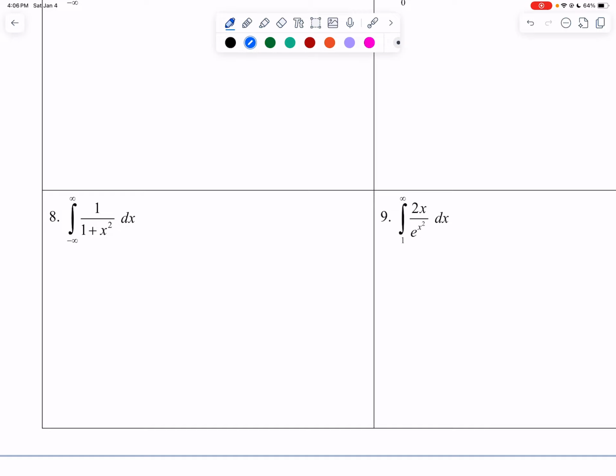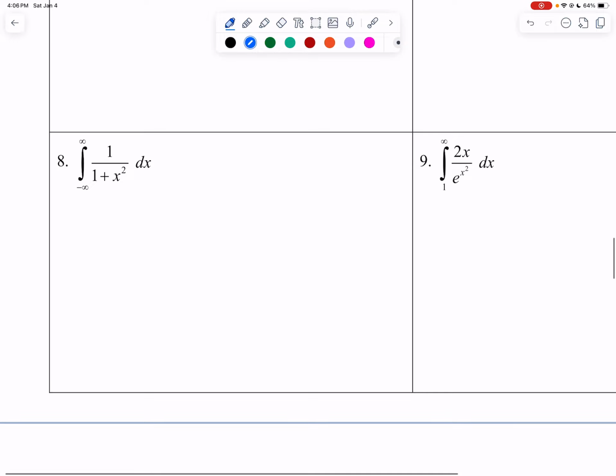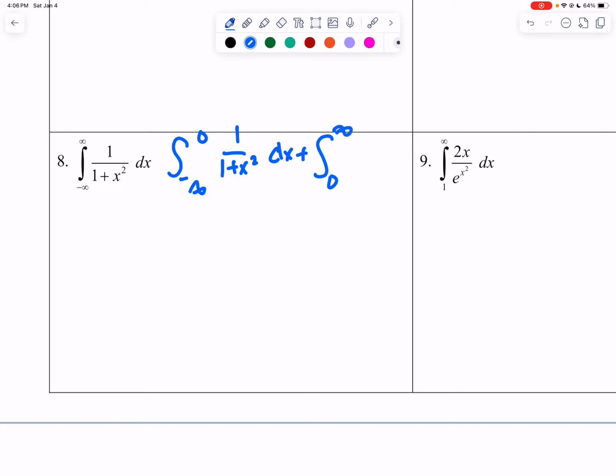So what I'm going to do is split this up so that I am going to go from negative infinity to 0, and then 0 to infinity.